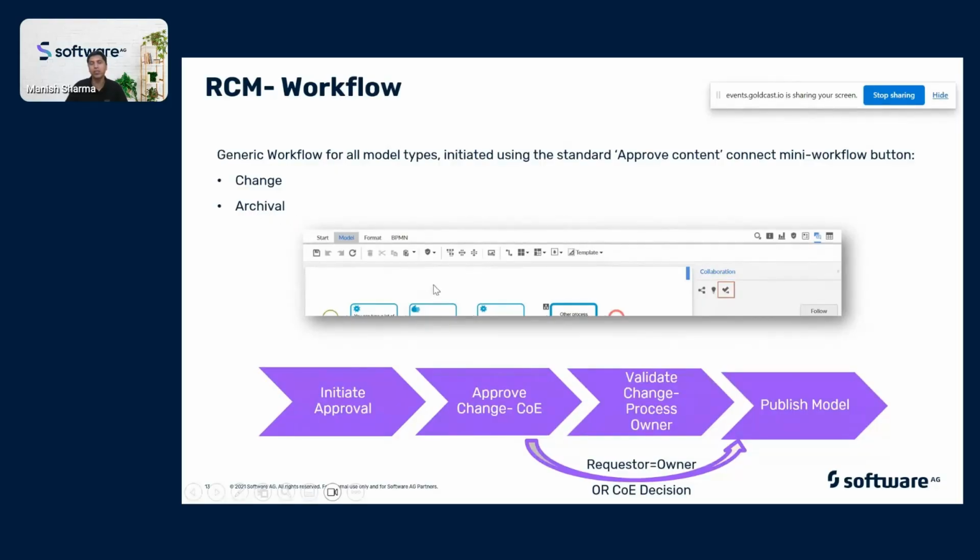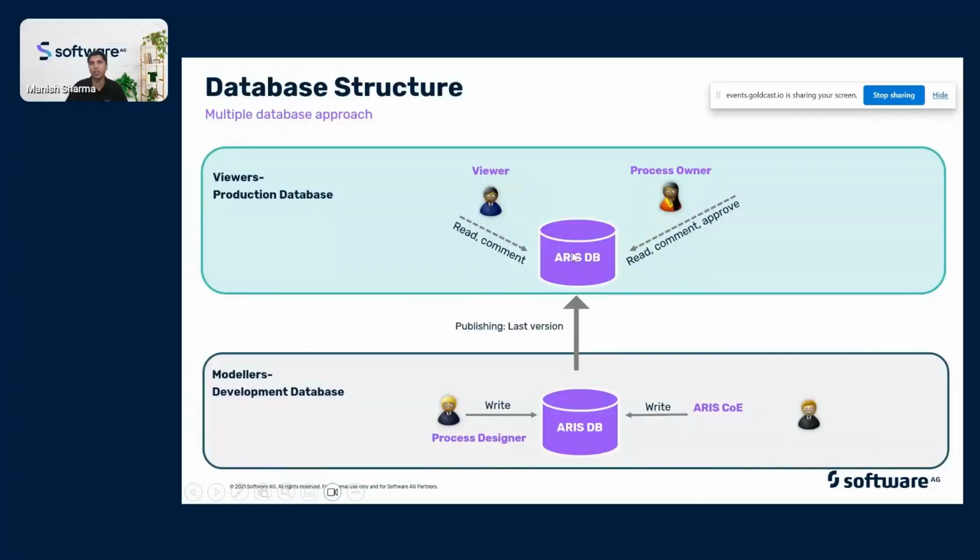What that means is that if a process needs to be decommissioned, a user can submit an archival request in which the model is taken out of the publication database and the dev database, and it is maintained in the archive with the history to say why it was decommissioned with all the necessary audit trail. So that information is logged in the archival database.